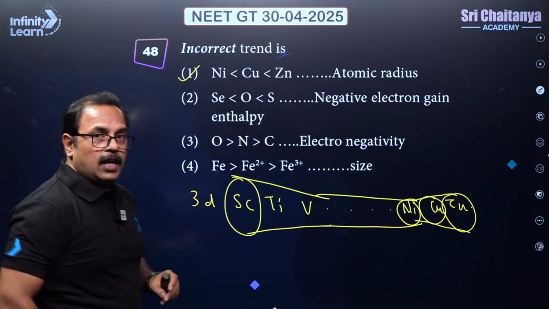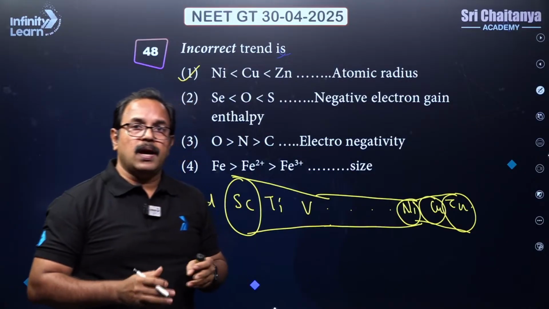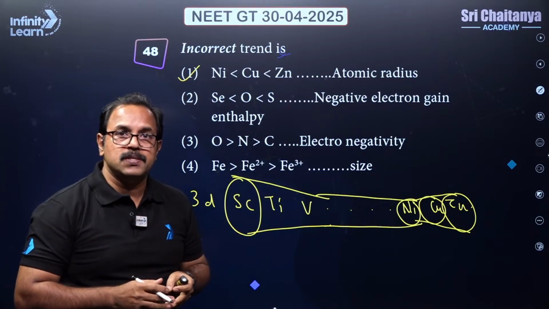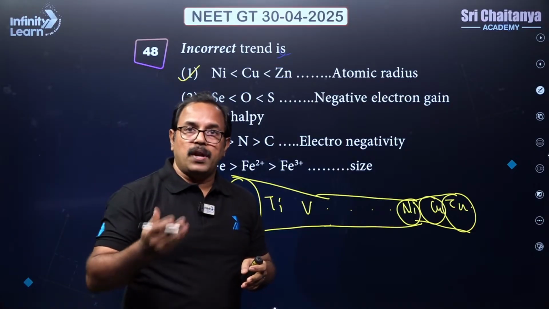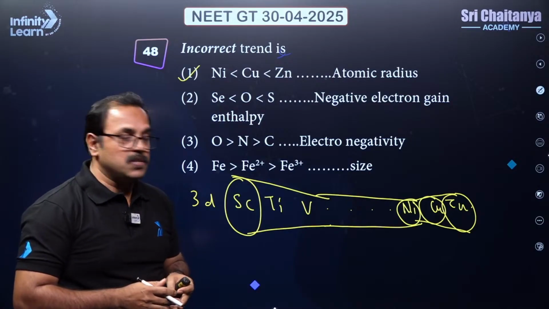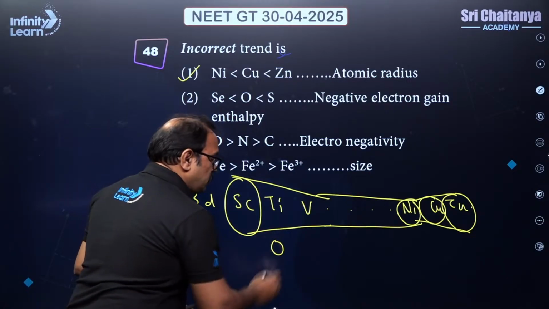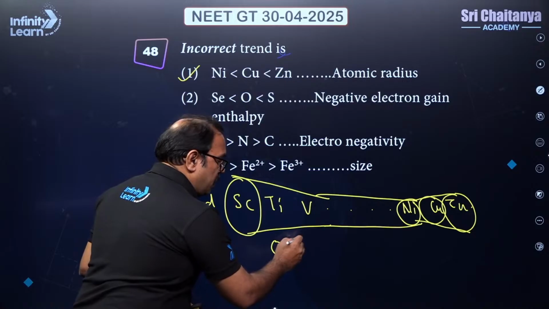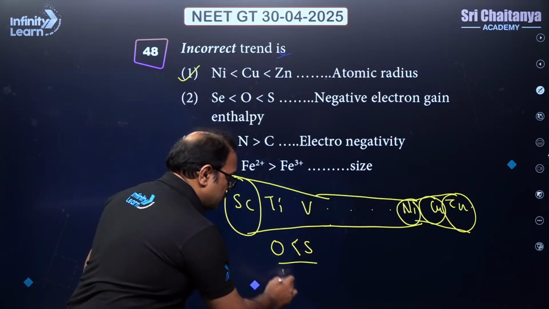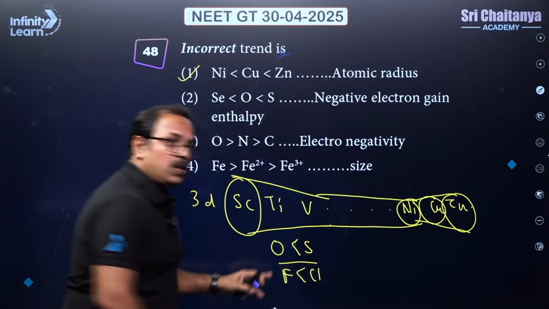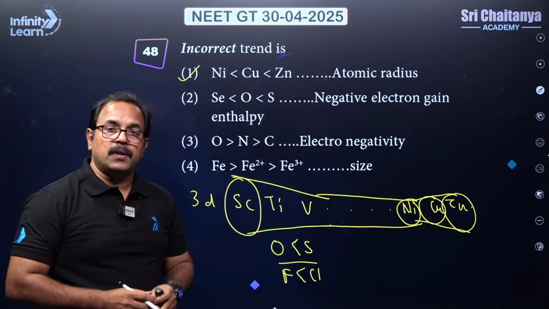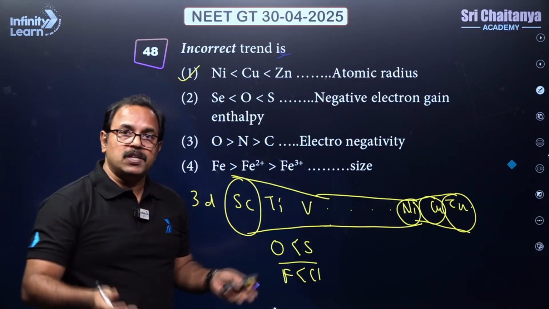Negative electron gain enthalpy. Electron gain enthalpy varies from the second period to the third period in the case of p-block elements, just like we know in the case of fluorine and chlorine. Here in the case of oxygen and sulfur also it is the same. Oxygen will have less electron affinity than sulfur. What is the reason? Same reason for which fluorine has a lower value than chlorine. Due to the smaller size of oxygen and fluorine, the incoming electron will have a lot of repulsions.